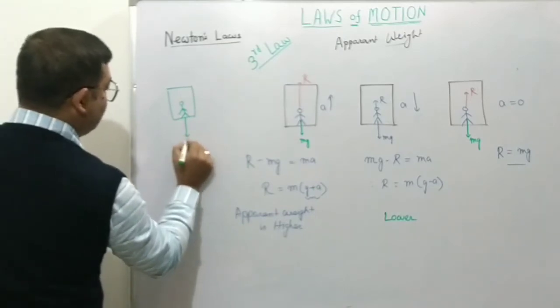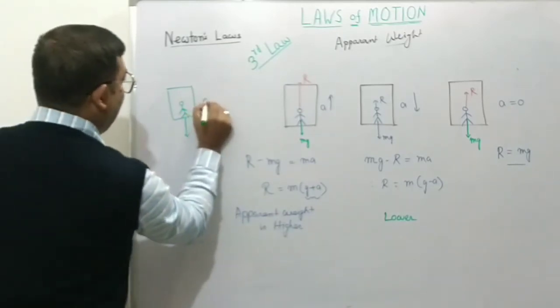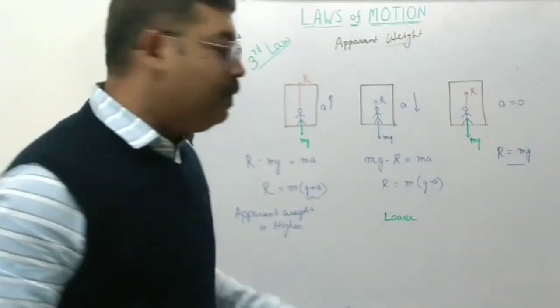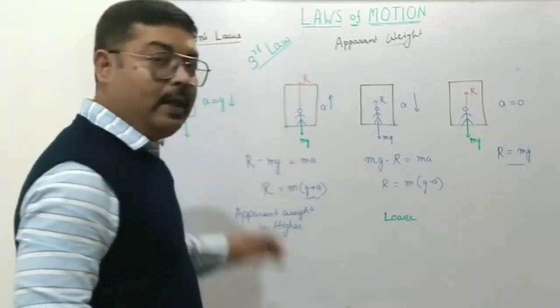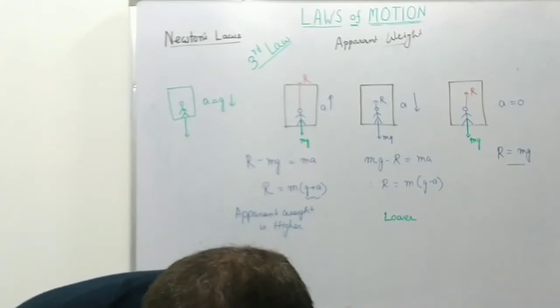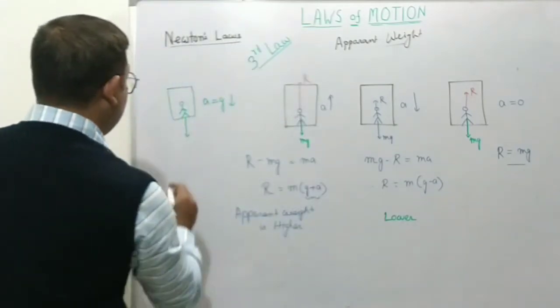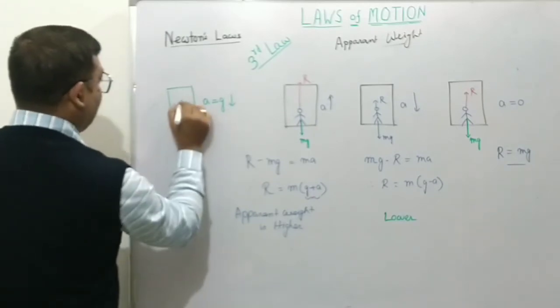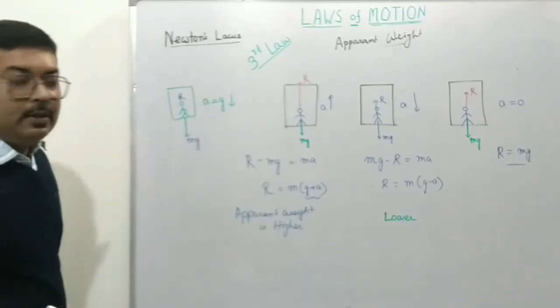What if you move downwards and your downward acceleration a becomes equal to g, the acceleration due to gravity, and say R is the normal reaction?